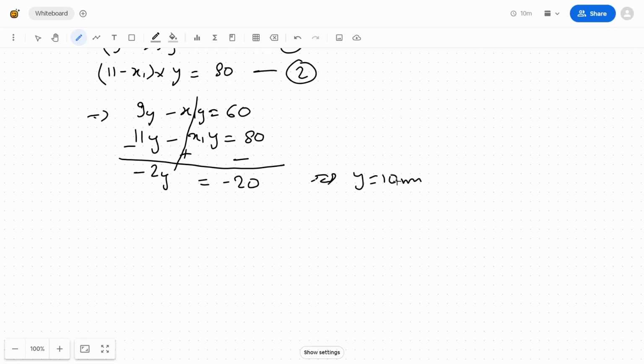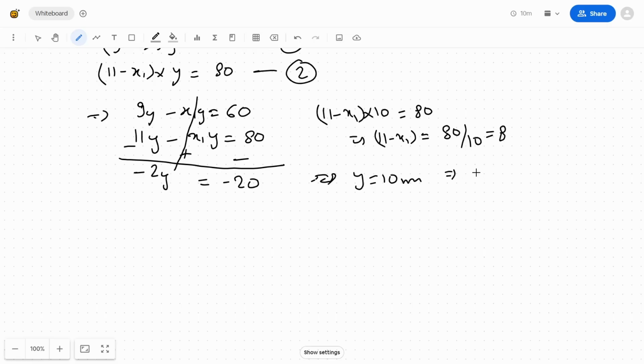And since we got the value of y, we can obtain the value of x1 from the equation second and we will get that 11 minus x1 into 10 is equal to 80. Hence 11 minus x1 is equal to 80 divided by 10 is equal to 8.